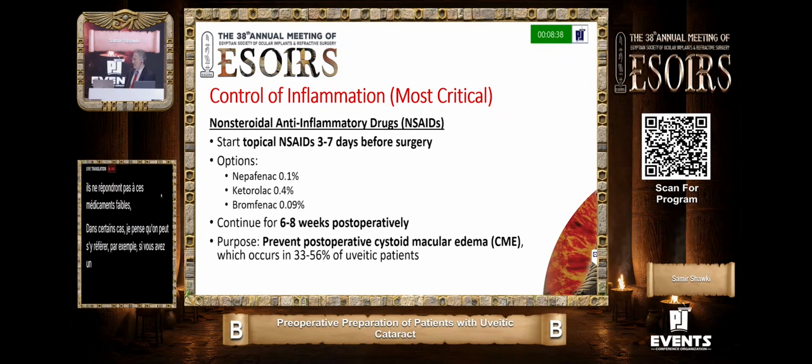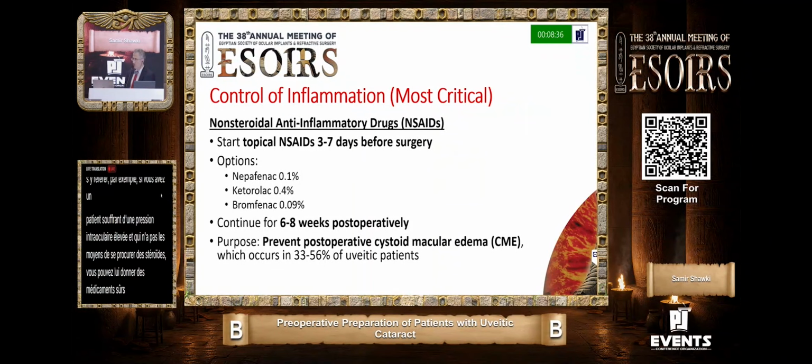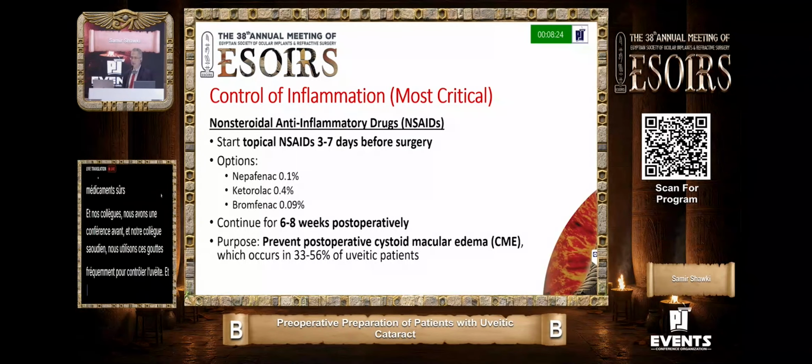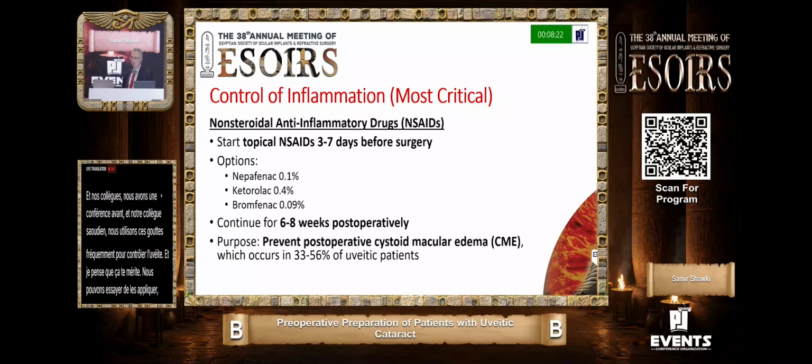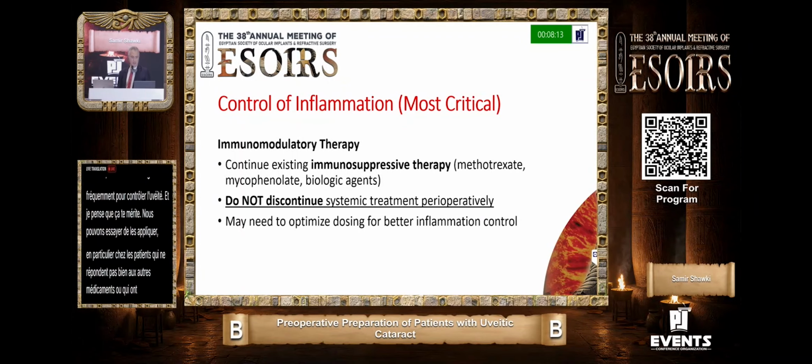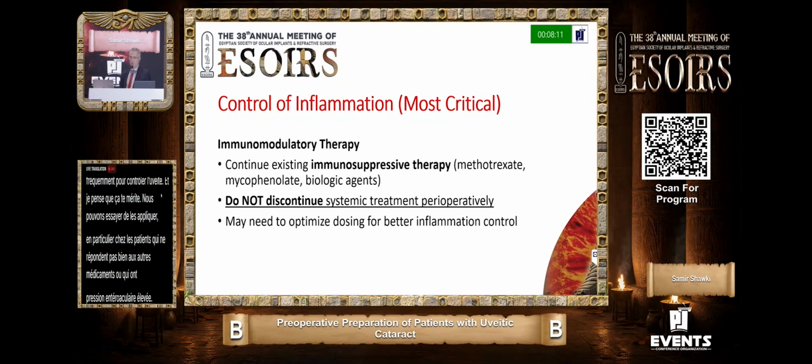And our colleague from Saudi, in a lecture we had before, they are using these drops frequently to control uveitis, and I think it deserves a try. We can apply them, particularly in the patients who are not responding well to other medications or who have high intraocular pressure.